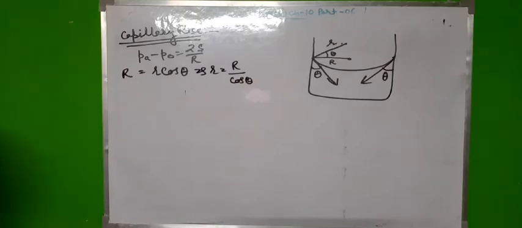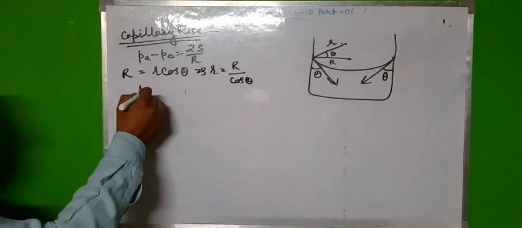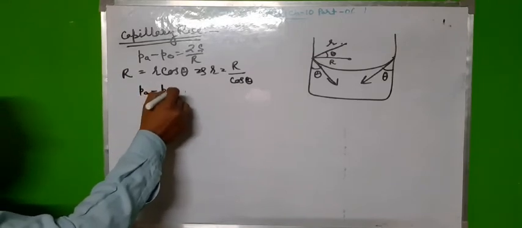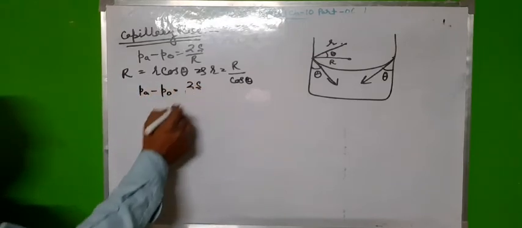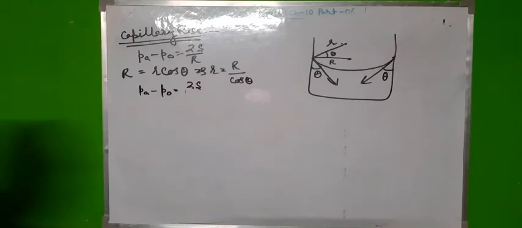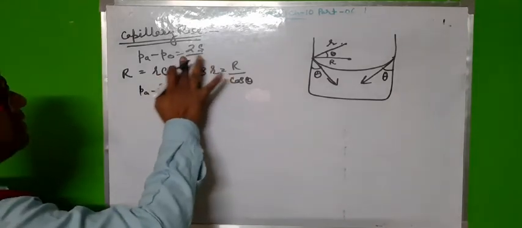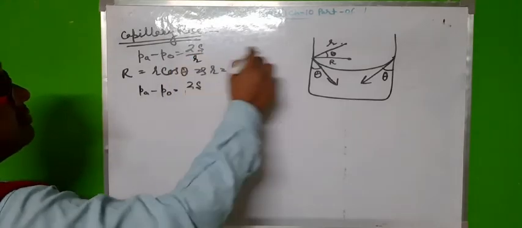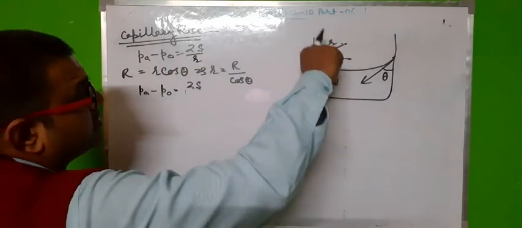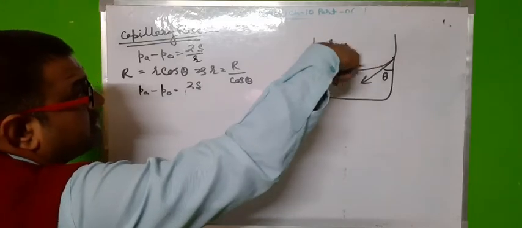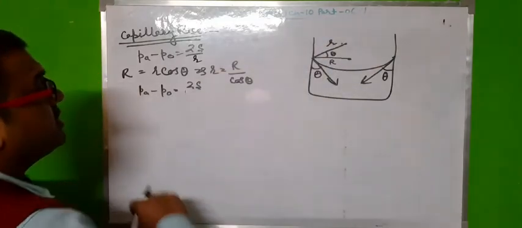So PA minus PO is equal to 2s upon a small r. Here we have to take a small r because the meniscus is forming the curve shape. It has radius a small r.